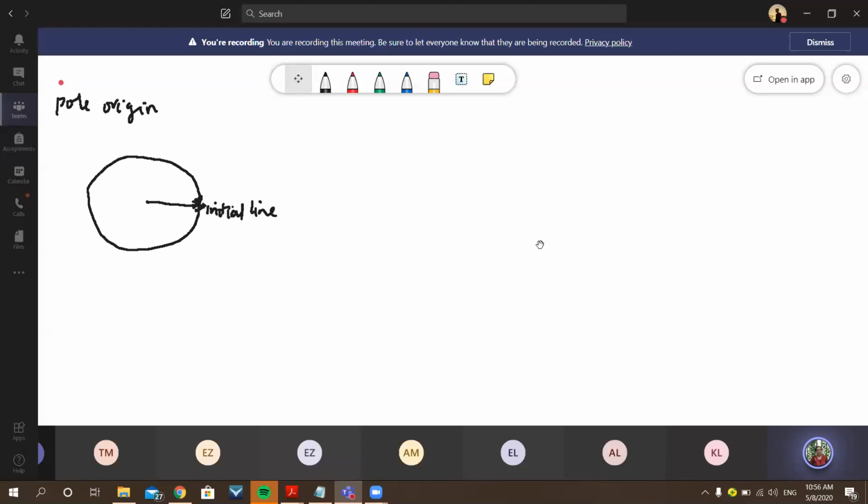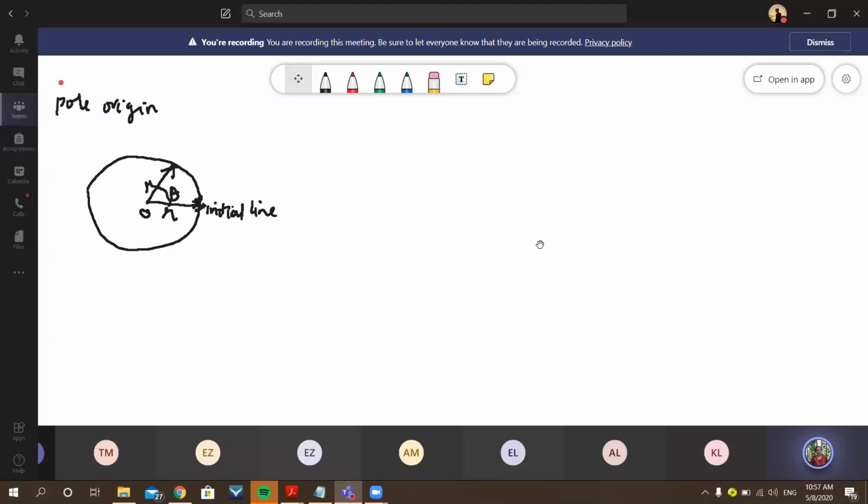Now, if you see, your r at different places has got different lengths. This is your r at this stage, this is your r at this stage, and this is your r at this stage. So it means that your r is not a constant.